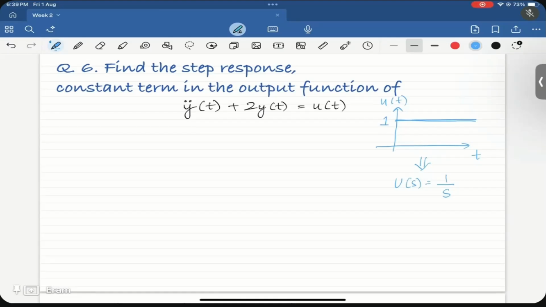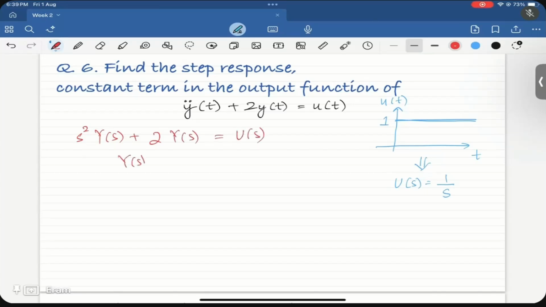Okay, very simple. We have to calculate the Laplace transform again with zero initial condition.